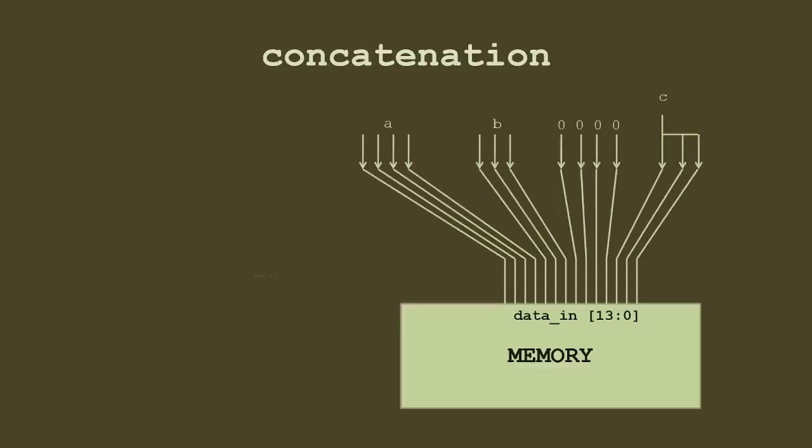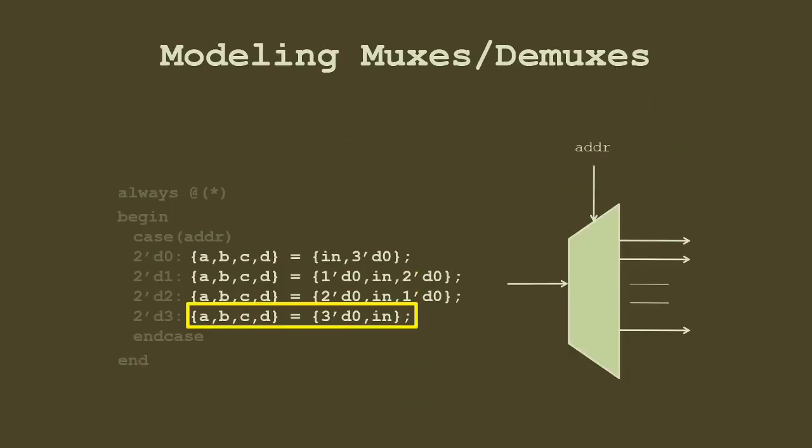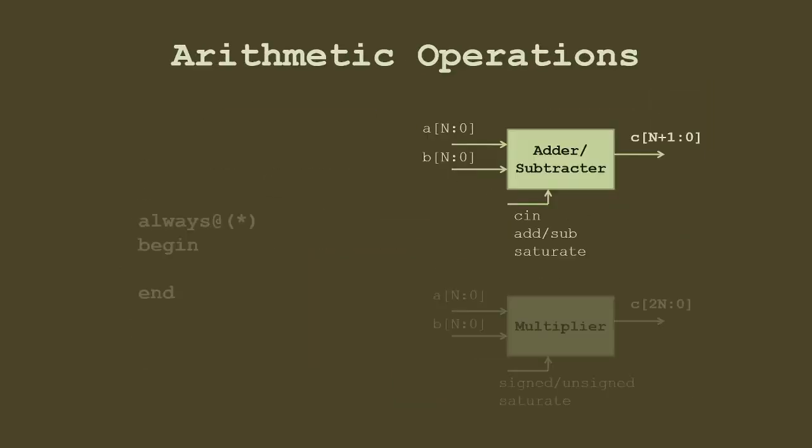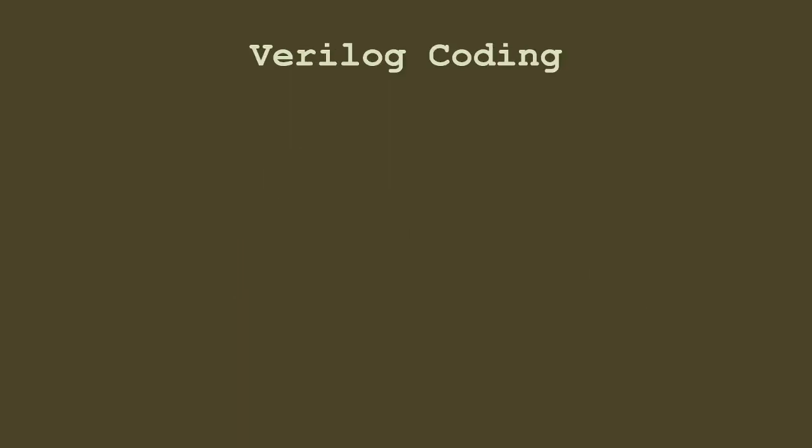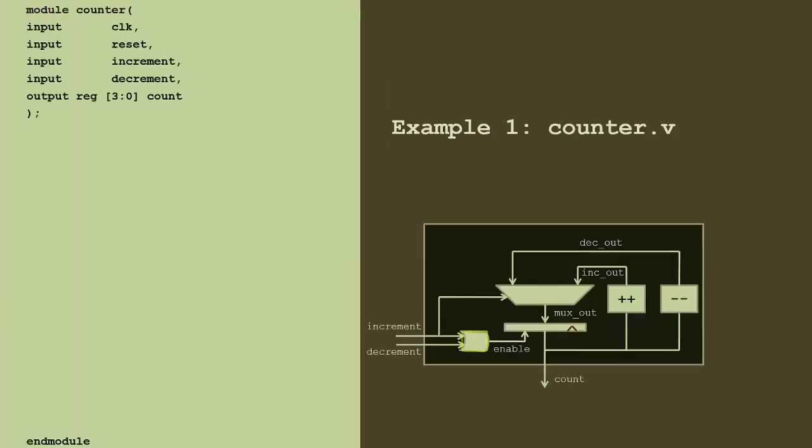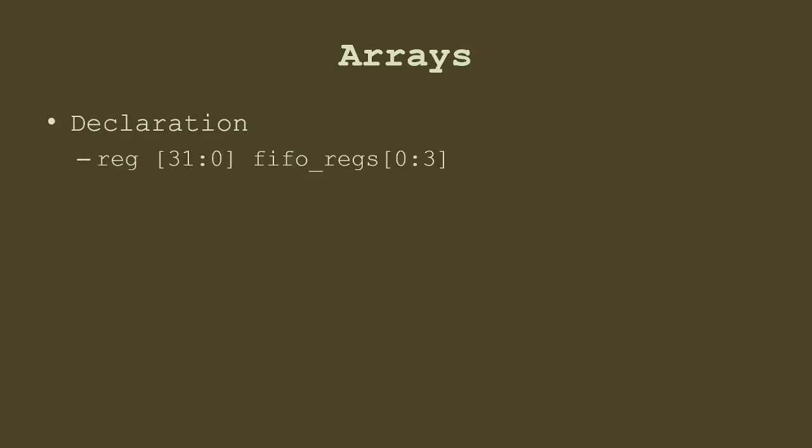Okay, so the last thing in this block is about arrays. I'll just quickly go back to the example. We can also use arrays in our design. For example, if I want to write code for the FIFO that we designed, I can write it this way.